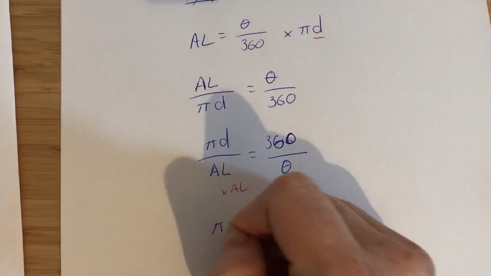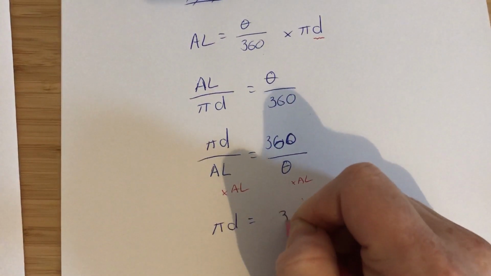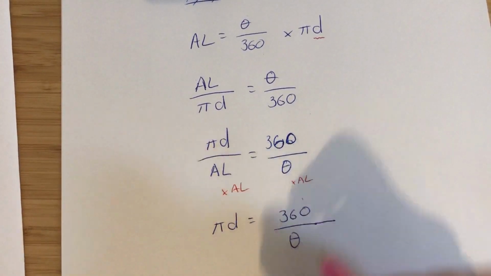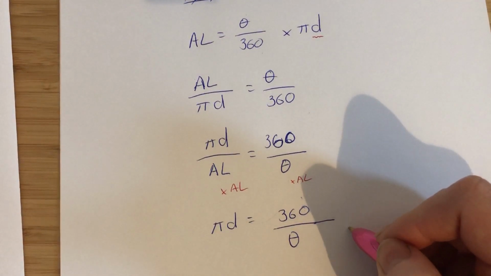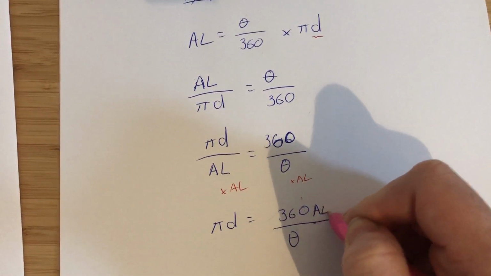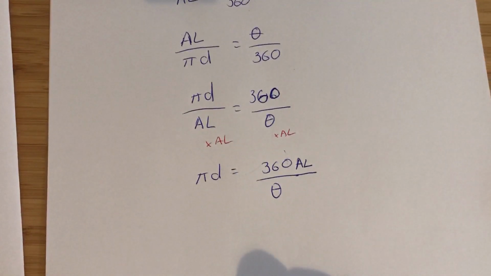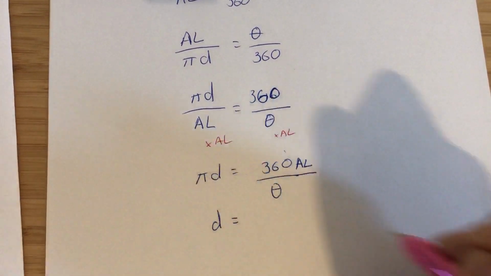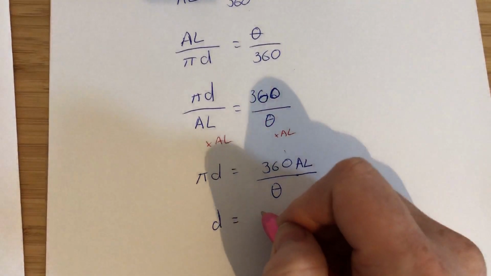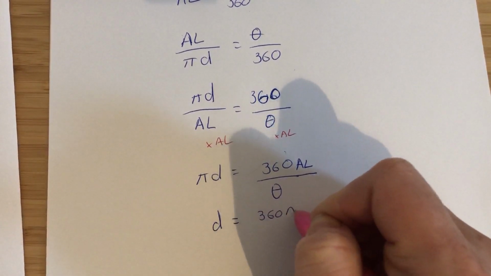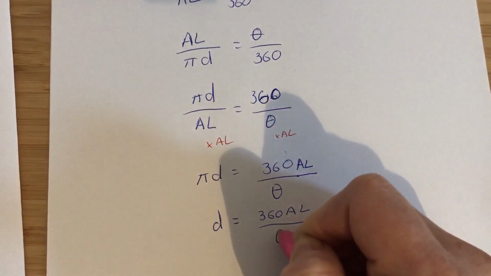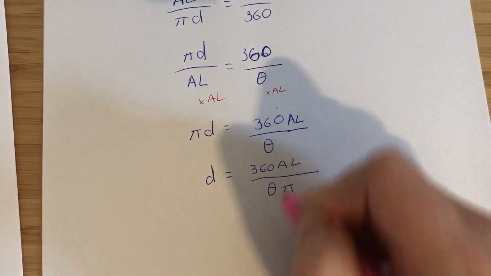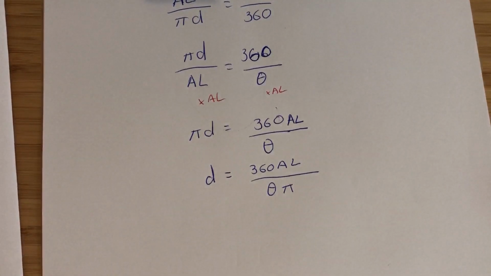So pi d equals 360 over theta multiplied by the arc length. We can either write it at the side, multiplied by the arc length, or we can actually write it on the numerator. Final thing, divide it by pi. So 360 times arc length over angle, also divided by pi.